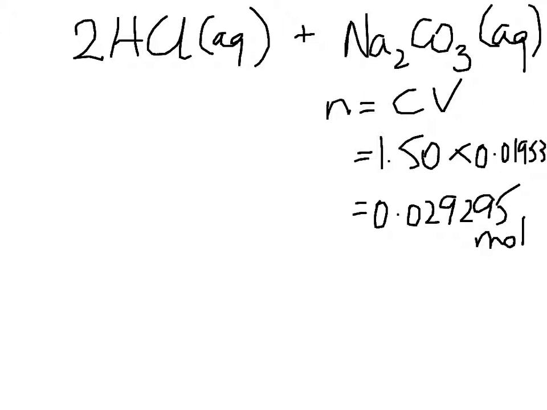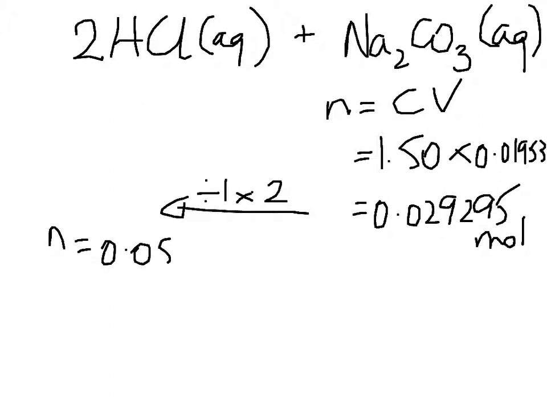Okay, now if we take this over here, we have to divide by 1 times 2, to determine the correct molar relationship, giving us N equals 0.05859 mole of hydrochloric acid.